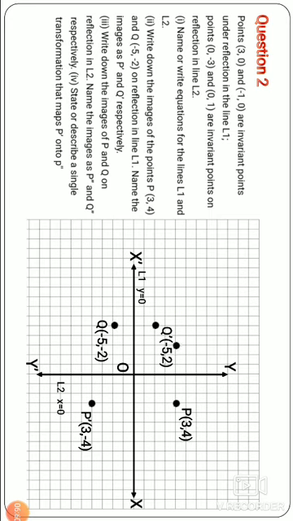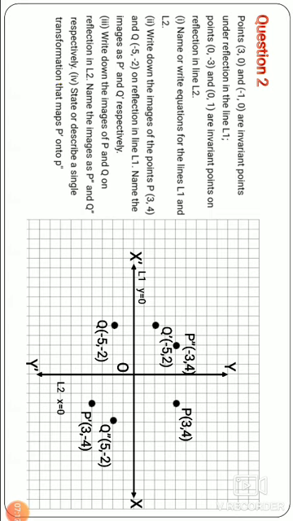Its coordinate is given by P double dash, that is (-3, 4). Similarly, the image of Q is given by this particular point whose coordinate is (5, -2).